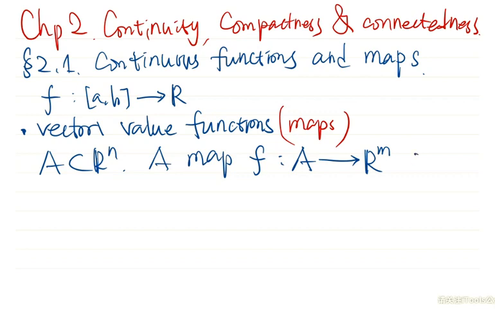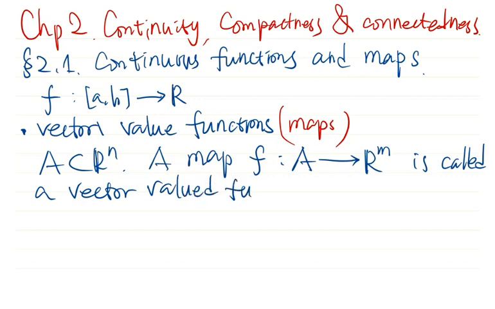This is called a vector valued function, also called a map. Of course, we have two maps here. The meaning is different. The first map is a general correspondence.